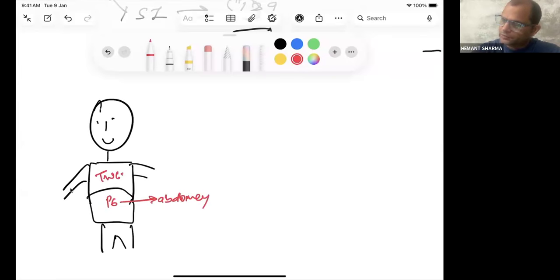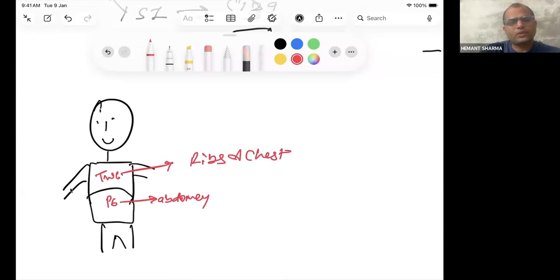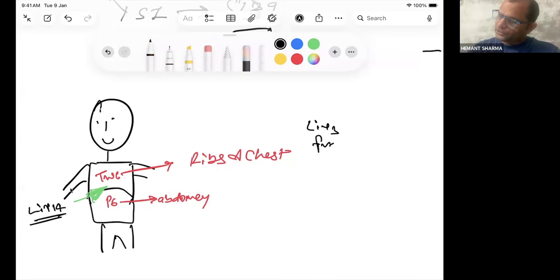Triple warmer 6 will remove the stagnation from ribs and chest. Liver 14 will remove the stagnation from the liver, because liver 14 is the alarm point of the liver. Then liver 3 will make the free flow of liver chi.